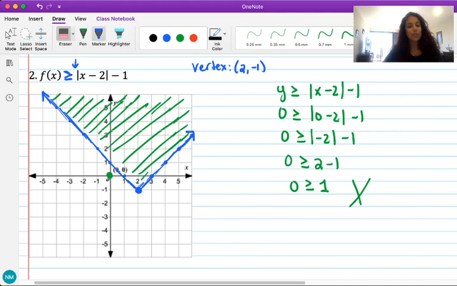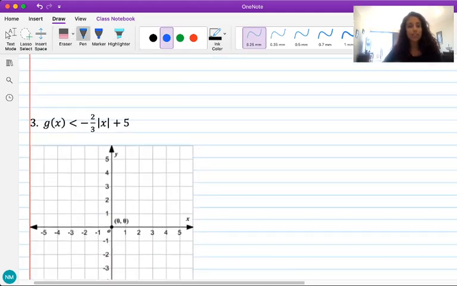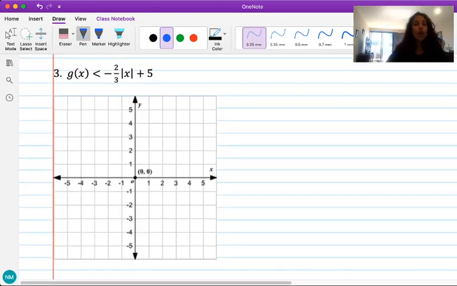And last, but most definitely not least, let's do one more problem. And this is also helping us practice graphing our absolute value functions. So if I were you, I would pause this video and I would graph this, just to make sure your graphing is on point. So step one is to graph it. What is my vertex? My vertex is (0, 5).